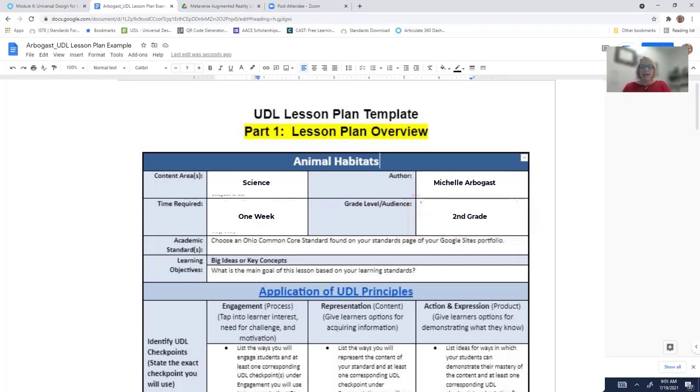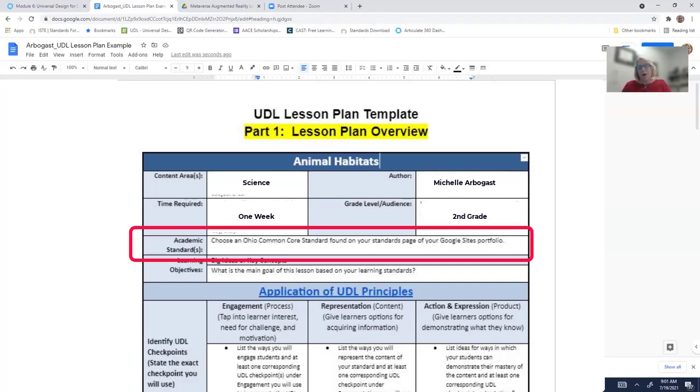The next section is academic standards. And as we have before, I've got a link here where you can go and look at the Ohio academic standards, but you've already pulled them into your portfolio. So you want to take a look around, see if there's one that basically got you your theme to begin with, but then you'll need the actual standard that's in here. And I found one prior to doing the video, and this one is K.LS.2.